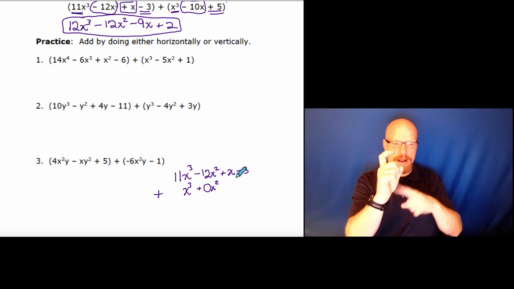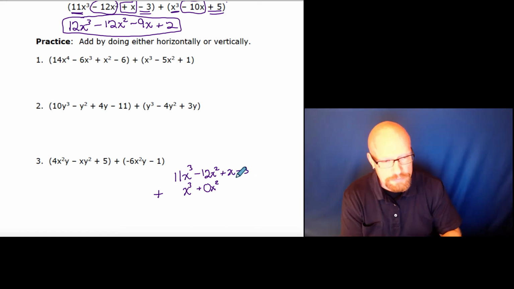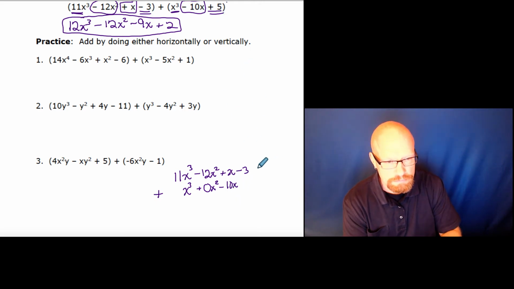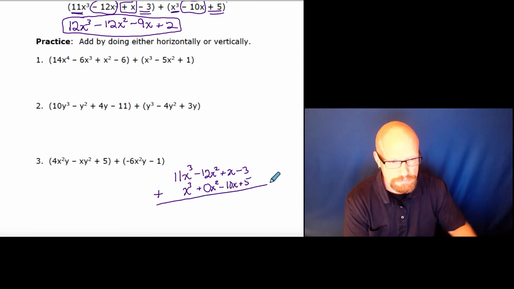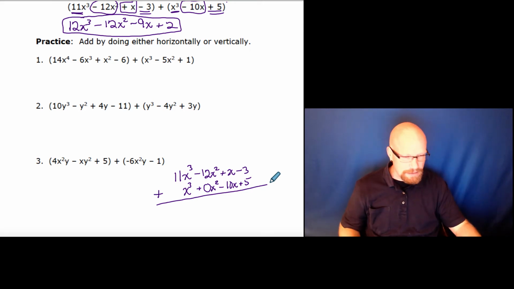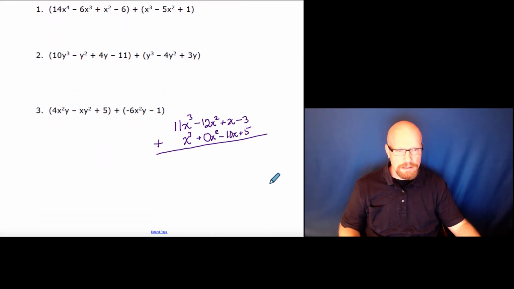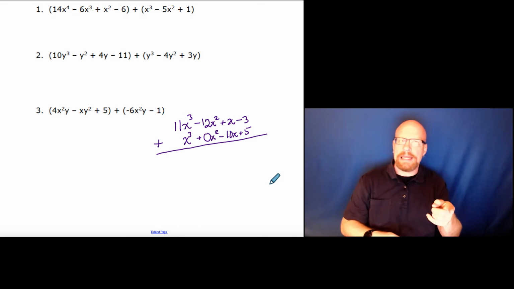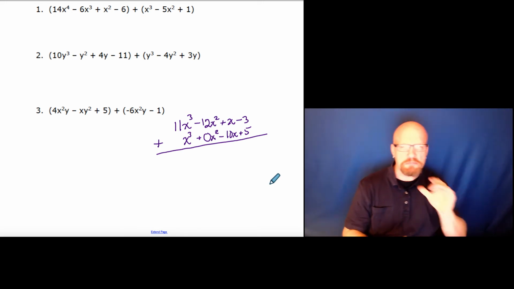Now we have an x term on top. We need the matching x term below from the second polynomial. And now we can see all the terms are matched. They're all like terms now. We don't have to look for terms that match.